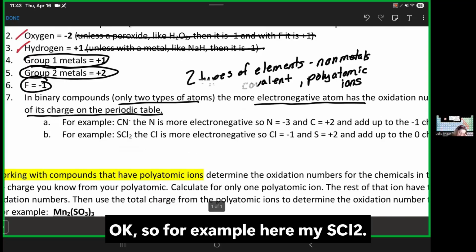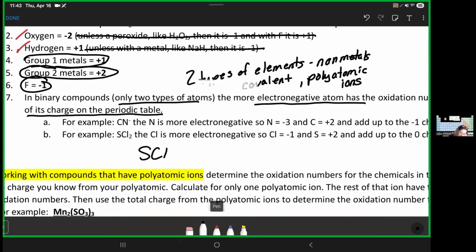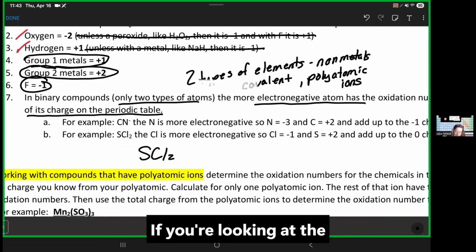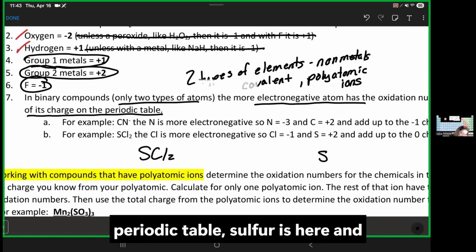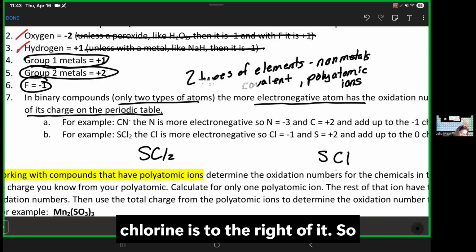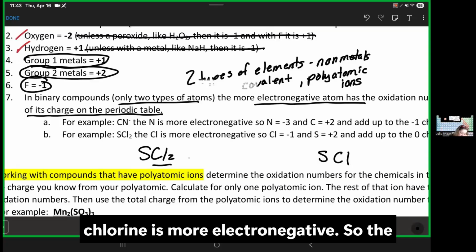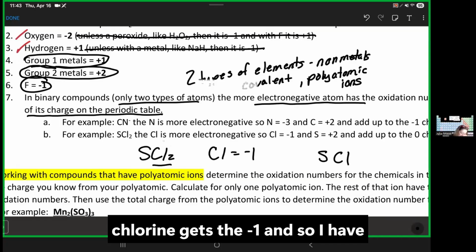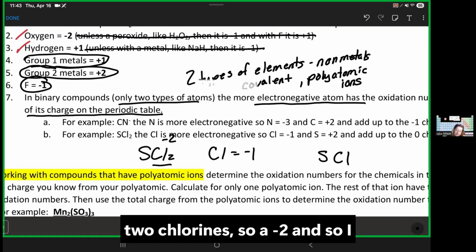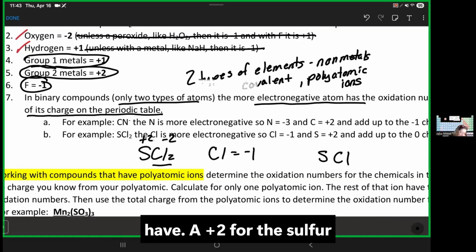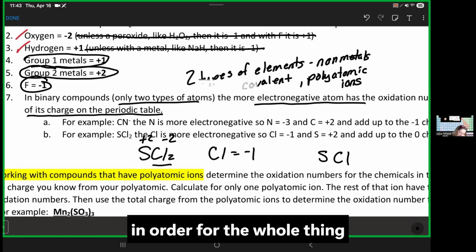So for example, here my SCl2. If you're looking at the electronegativity on your periodic table, sulfur is here and chlorine is to the right of it. So chlorine is more electronegative, and the chlorine gets the -1. I have two chlorines, so I have a -2 from chlorine. And so I have a +2 for the sulfur in order for the whole thing to equal 0.